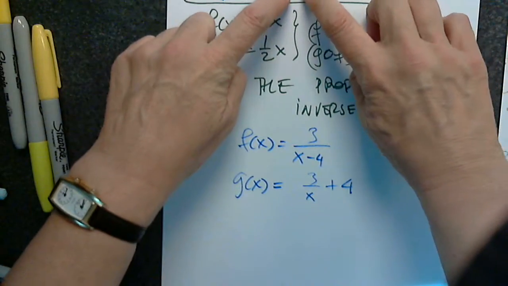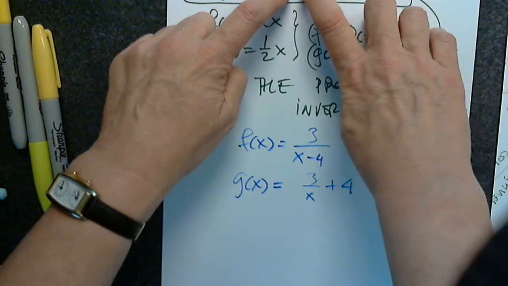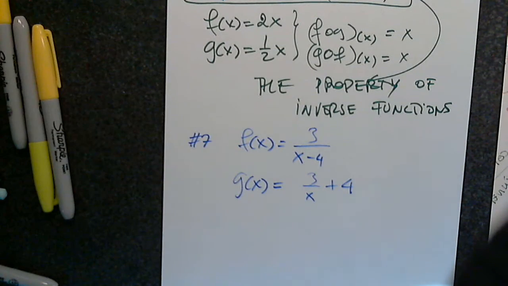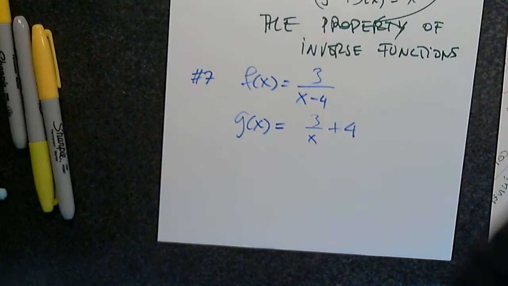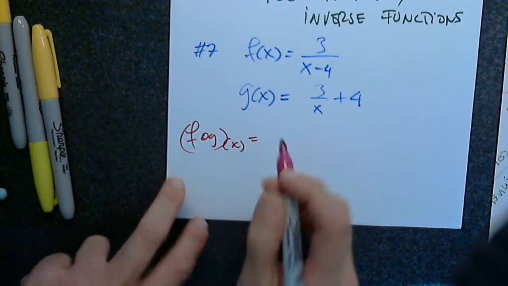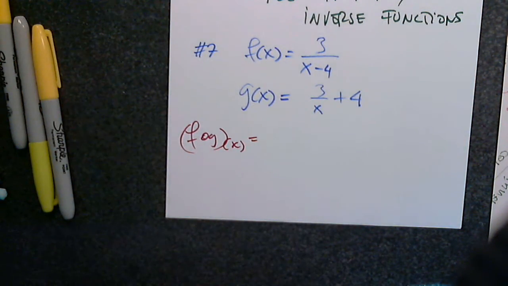If I get x squared, or x over 5, or x cubed, what will I say about f and g? They're not inverses of each other. They did not undo the process of the inner. Okay, perfect. So let's determine f comp g. If f comp g is x, g comp f will be x as well.